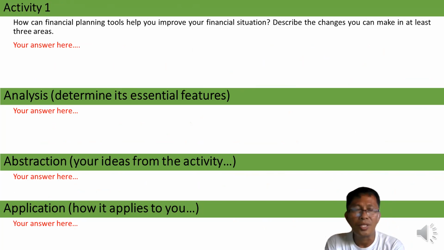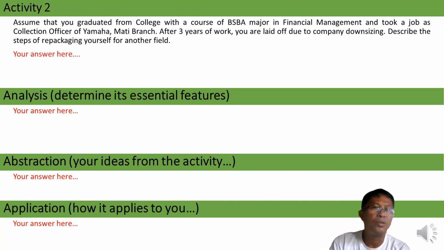Yung short and concise na direct to the points. Okay? This is your activity number 2. Assume that you graduated from college with a course of BSA major in finance and took a job as collection officer via Yamaha branch. After 3 years of work, you are laid off due to company downsizing. Describe the steps that you can repackage yourself for another field.